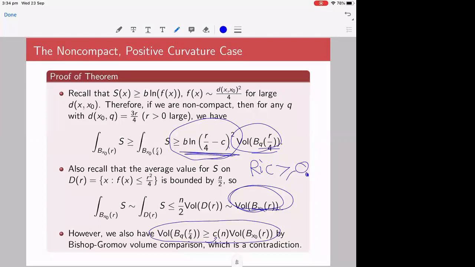So what's going on here? We've got a ball of radius r centered at x naught, and we're picking a q, and let's say that the radius of this ball is r. What we're going to do is pick a point over here, say, let's call it q, so that the distance is 3r/4.